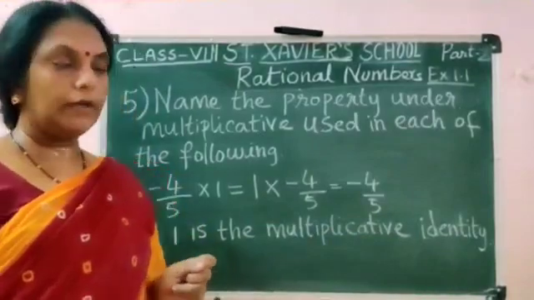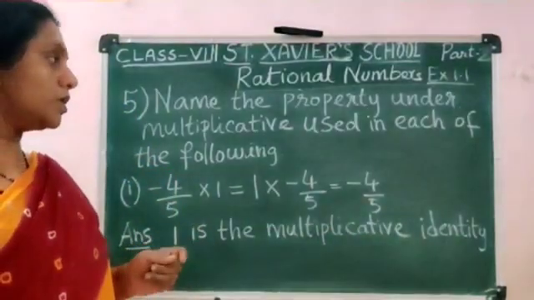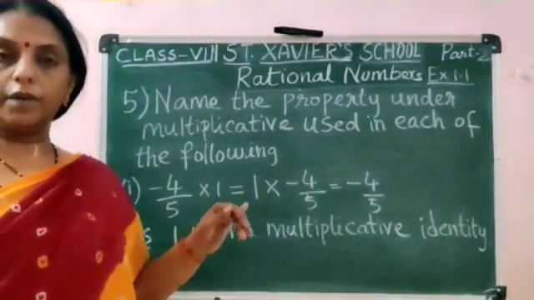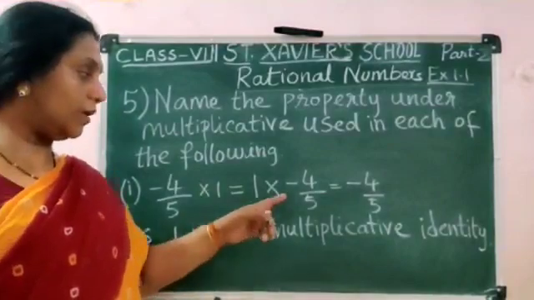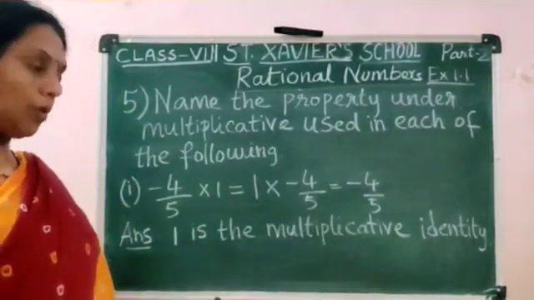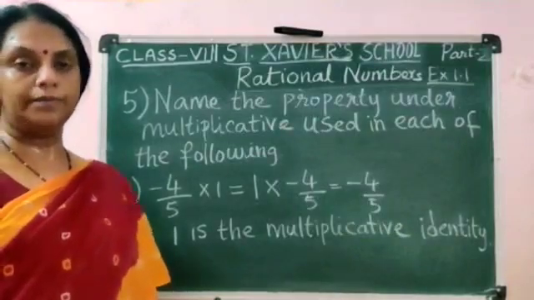Question number 5. Name the property under multiplication used in each of the following. First one is minus 4 by 5 into 1 equals 1 into minus 4 by 5, that is minus 4 by 5. The property used is that 1 is the multiplicative identity.